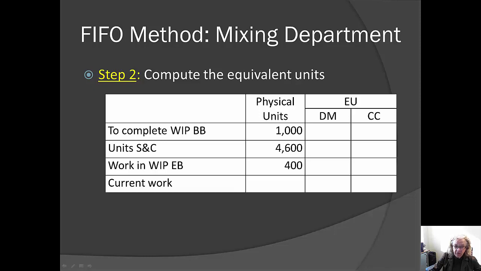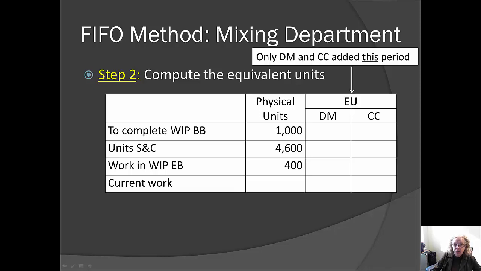So let's think first about the work in process beginning inventory, those 1,000 units that were started last period and are going to be the first ones to be finished this period. Those units got their materials in the previous period. Therefore, we only need to consider any additional materials that are added in this period.